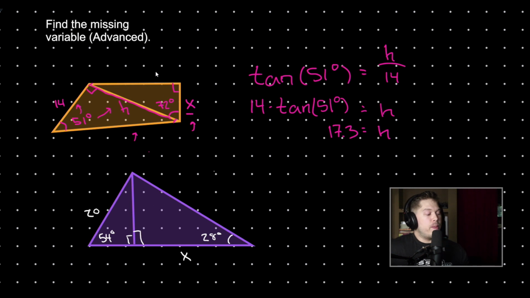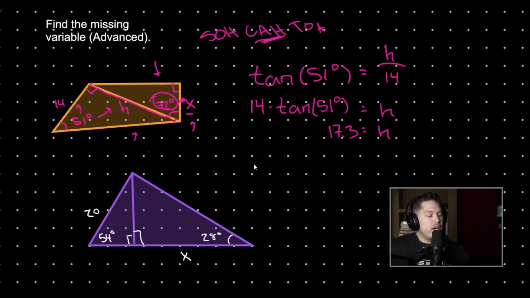Now looking at this top triangle, we have this 72 degrees here. Side x is adjacent to it, and h is the hypotenuse for this triangle. So thinking of SOH-CAH-TOA, we're going to need to use cosine now.